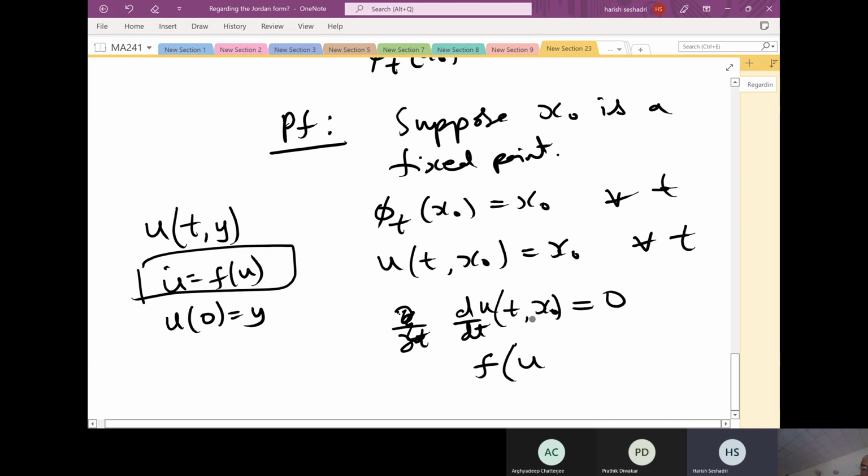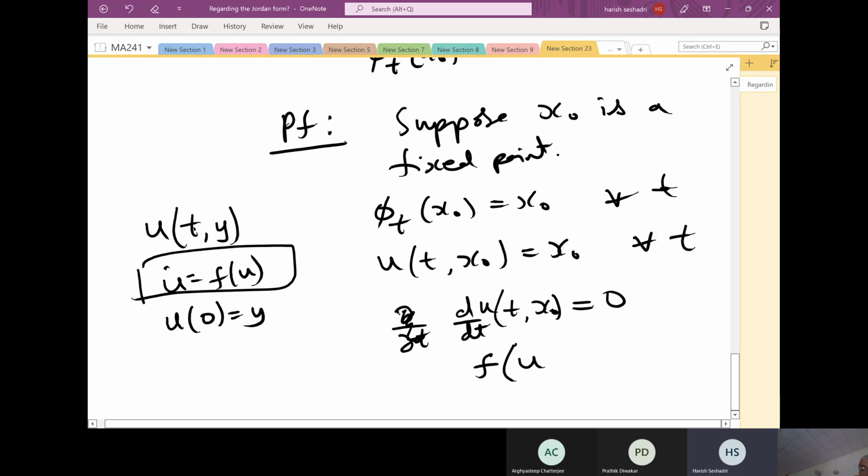By the way, where would I take the derivative here? I mean, this is true at whatever point because it's true for all t. But if I want to use this, at what t would I take the derivative? At 0, because the initial point, it starts off at x naught. See, u(0, y) is y.